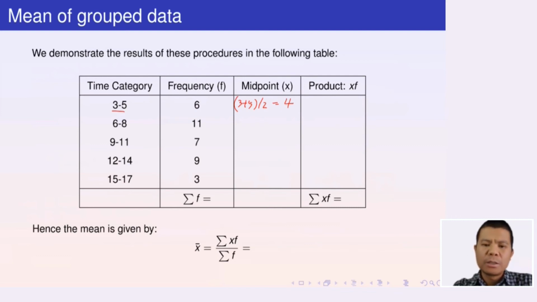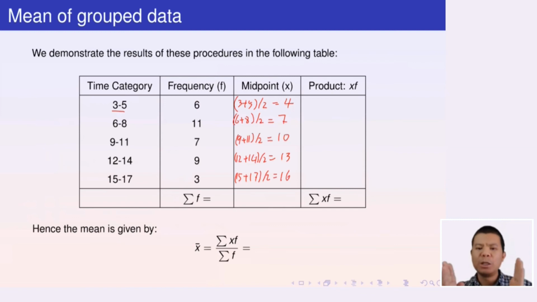This one is 6 plus 8 over 2, which is 7. 9 plus 11 over 2 is 10, 12 plus 14 over 2 is 13, and 15 plus 17 over 2 is 16. So we have all the midpoints listed here.